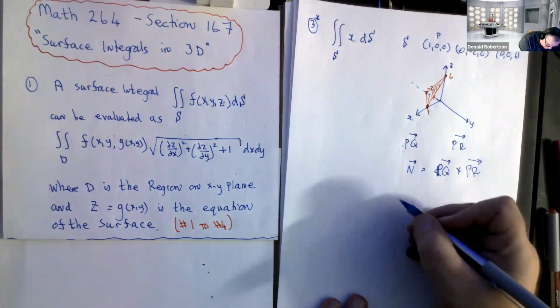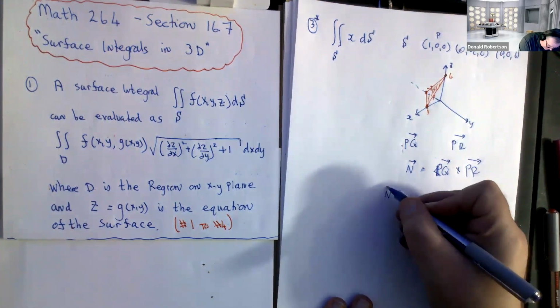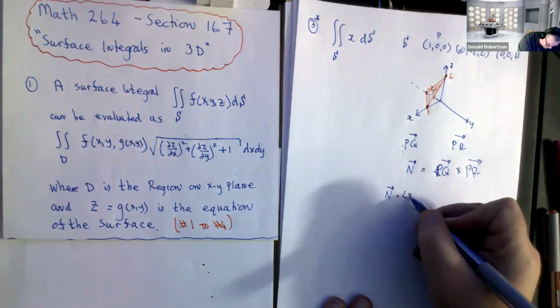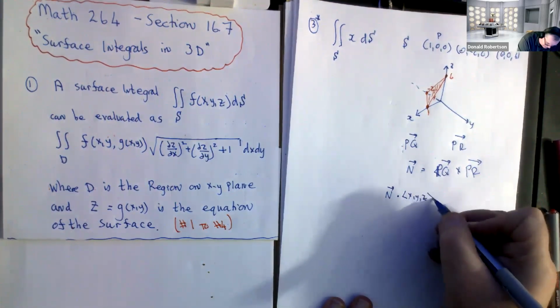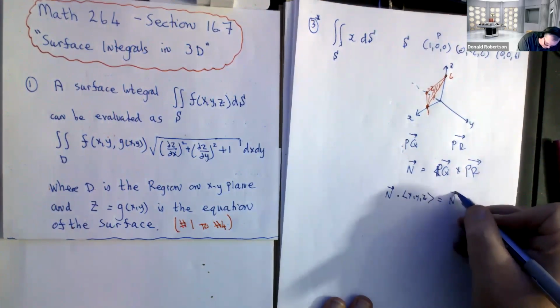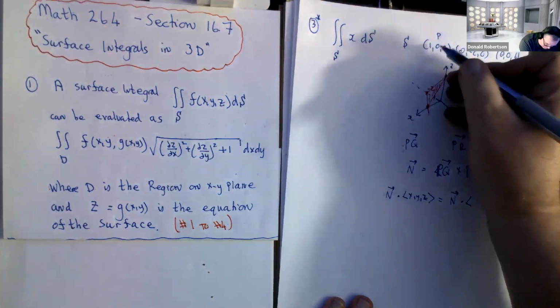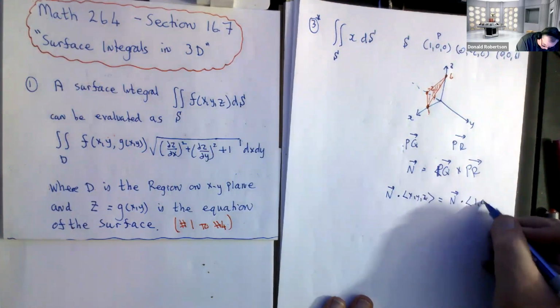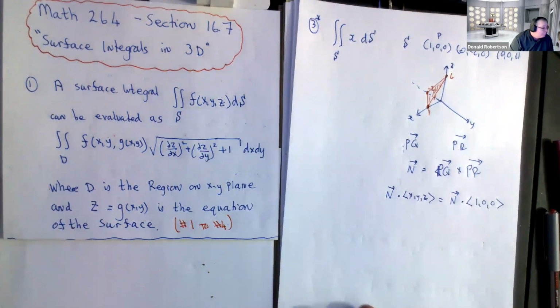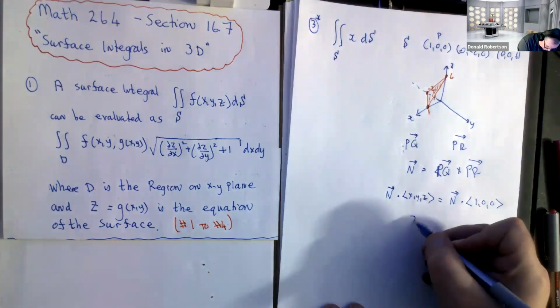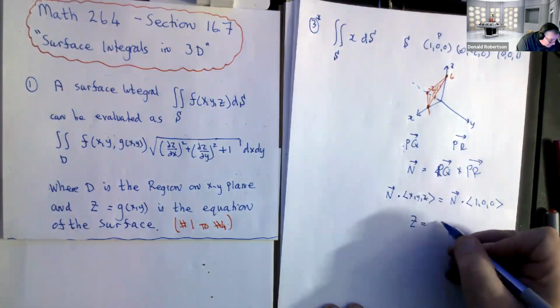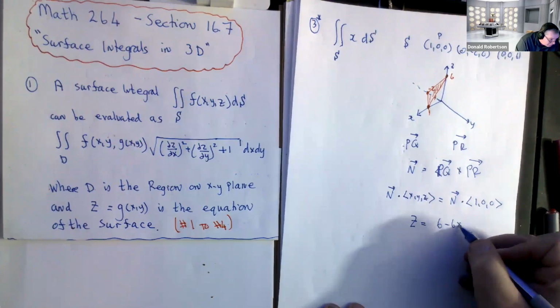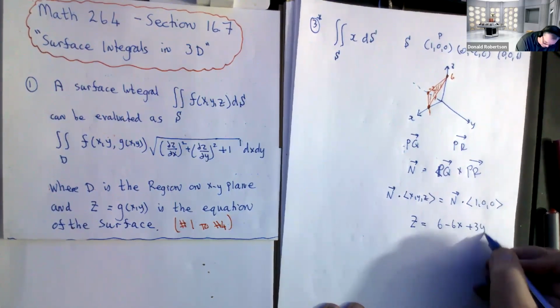And then you can use the fact that N dot XYZ will be equal to N dot any point up at P, 0, 0, 0. And when you're finished doing that entire operation, you can check it. You will get Z equals 6, take away 6x plus 3y.